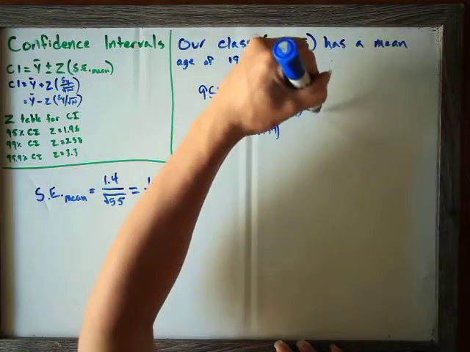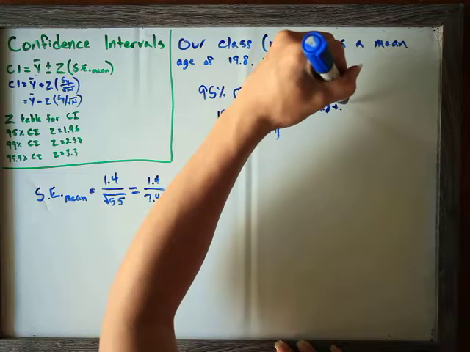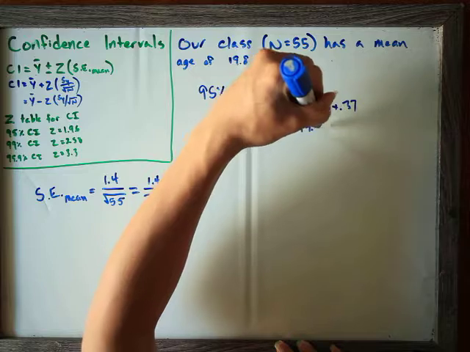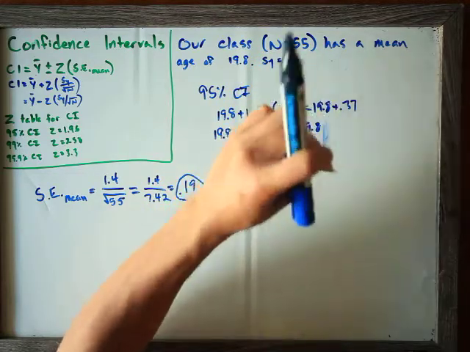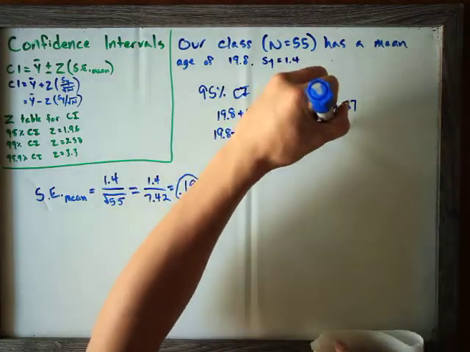So that's going to be 19.8 plus 0.37 and 19.8 minus 0.37.